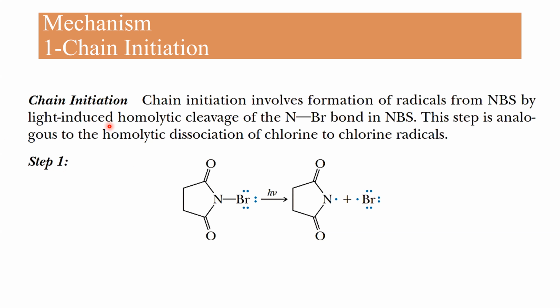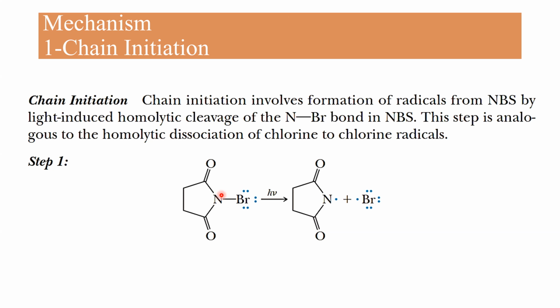And homolytic cleavage, as we have discussed in a previous lecture, is when the bond is breaking in a way that both bonded atoms take their equal share. The equal share means that the one bond is a pair of electrons, so every atom gets a single electron.